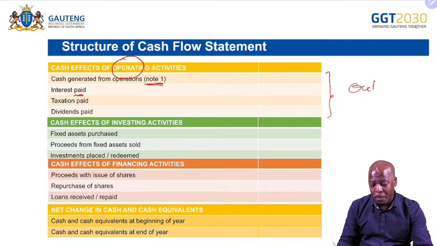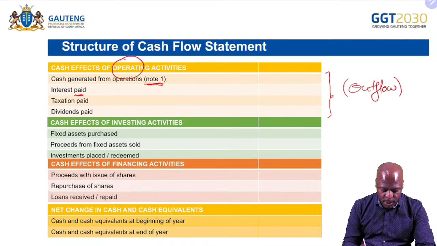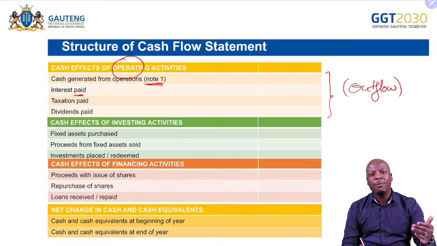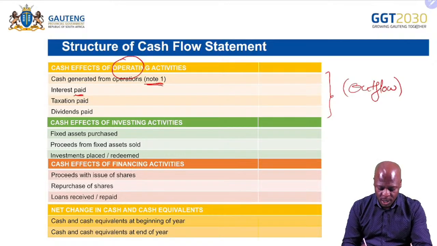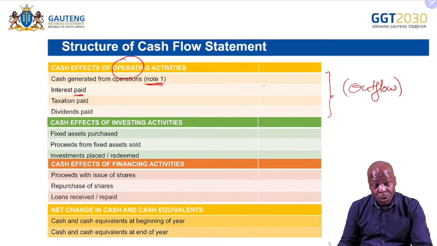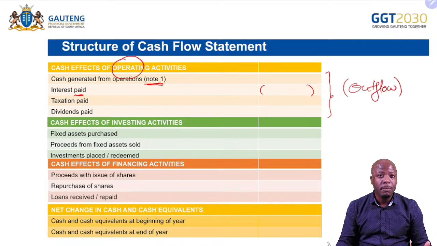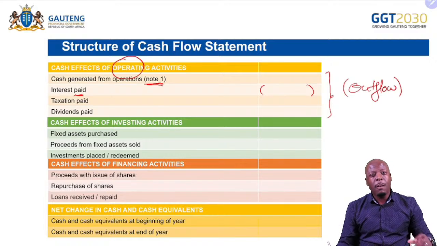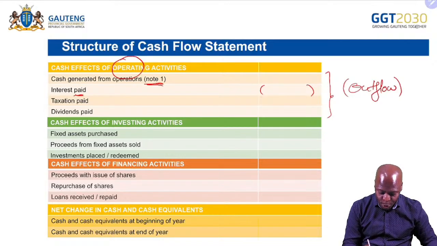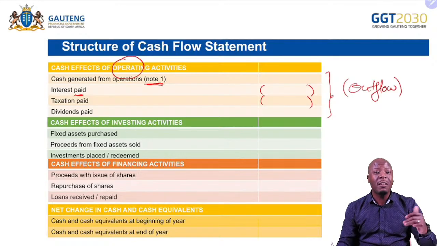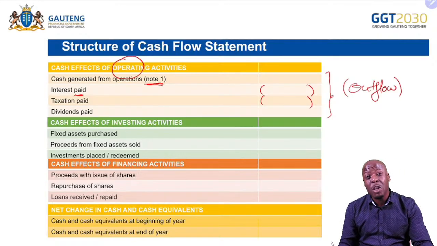Very important. Now, that means on your interest paid, before you even think of calculating or looking for the interest, you must have your bracket ready here. Interest paid, bracket. The next one is your taxation paid. How much did we pay over to SARS as tax? And if you think again, this is taxation paid, that means already you must have brackets, even before you calculate the taxation amount.